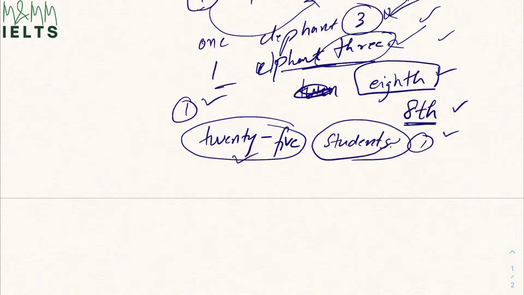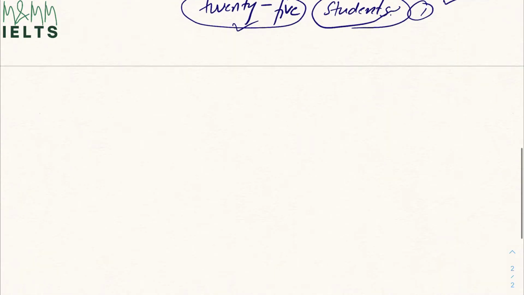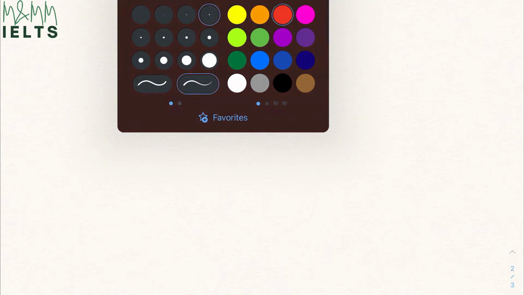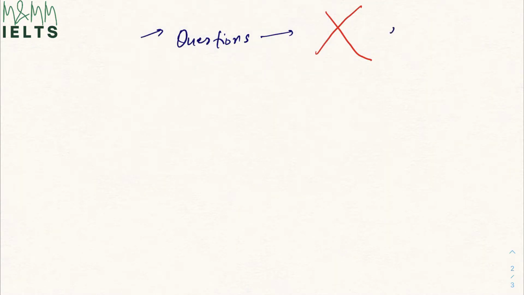One of the biggest challenges that students face in the reading module is not the type of questions, but that the questions here in the reading section are not in the sequence. Now that's a bummer.